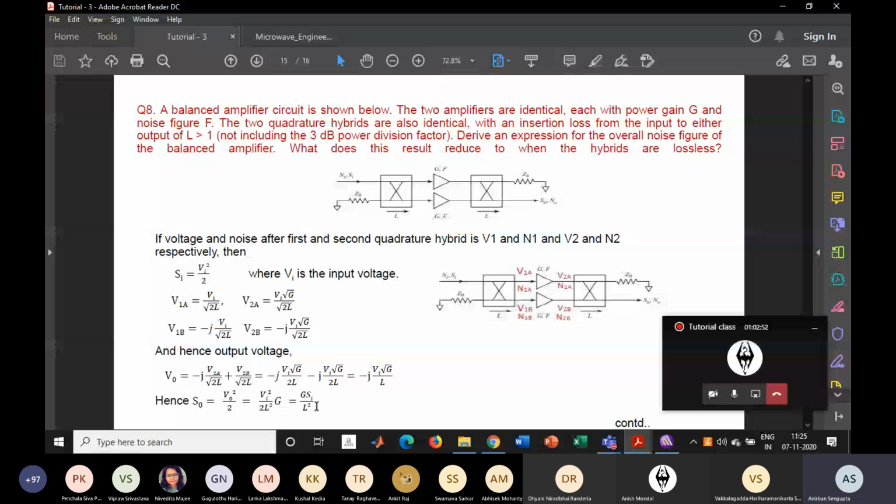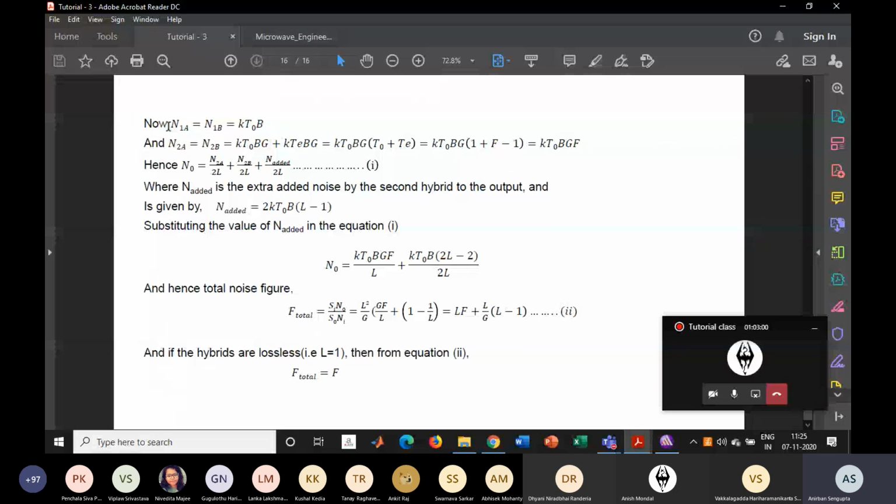Now for the noise: N1A is the noise at the input of the first amplifier, and N1B is the noise at the input of the second amplifier, which are the same. So N1A equals N1B equals K T naught B, the system noise power.